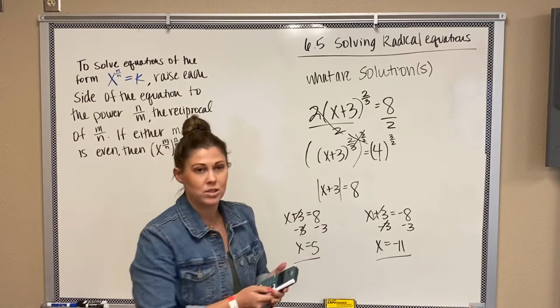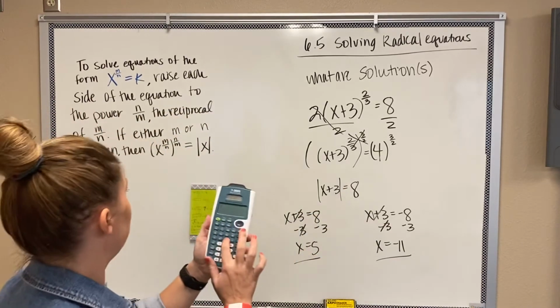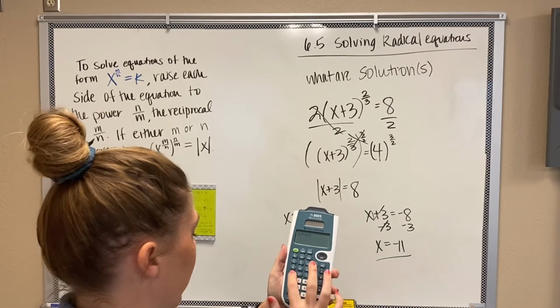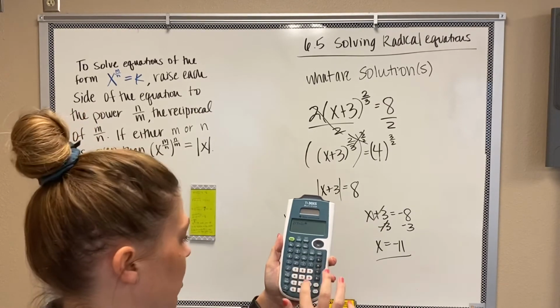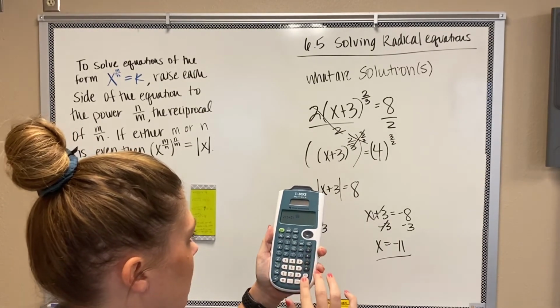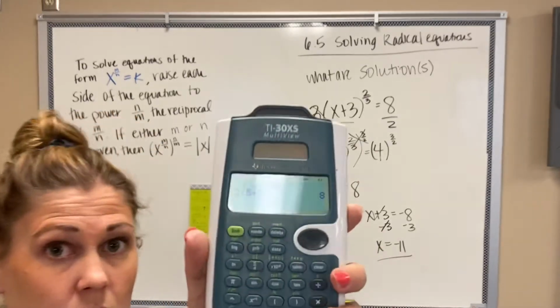So we have 2 times 5 plus 3 raised to the 2/3 power, and we get positive 8.